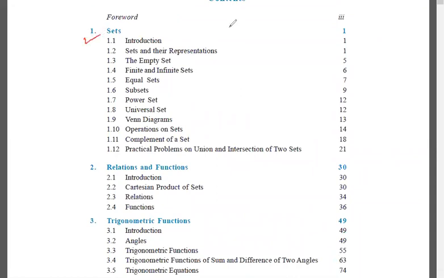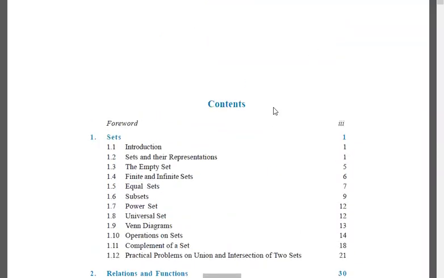So guys, we have completed chapter 1. Chapter 3 is not complete, half of chapter 3 we have done.